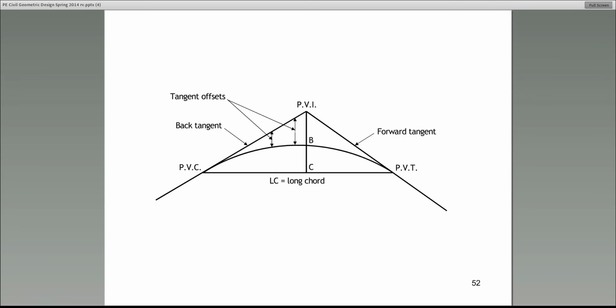Because at any given station along the vertical curve, the actual curve, to achieve its curvature, it has to have a certain elevation on the actual curve, all right?